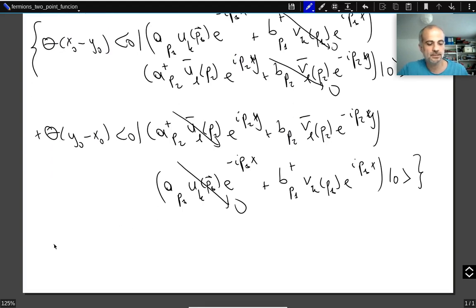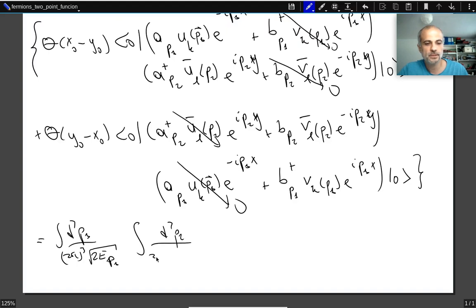So let me rewrite the simplified expression. d cubed p1 divided by 2 pi cubed square root of 2E p1, d cubed p2 divided by 2 pi cubed square root of 2E p2, theta of x0 minus y0.